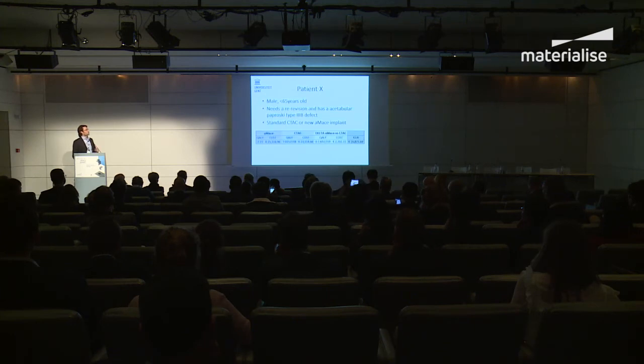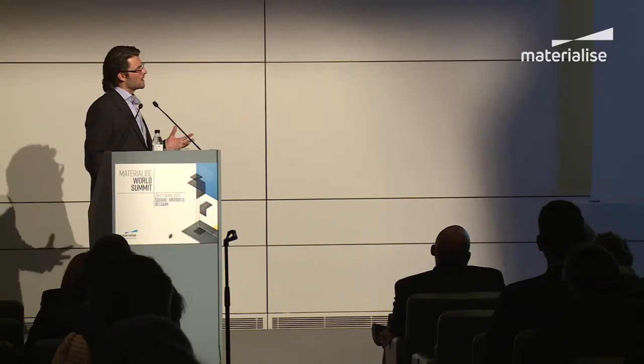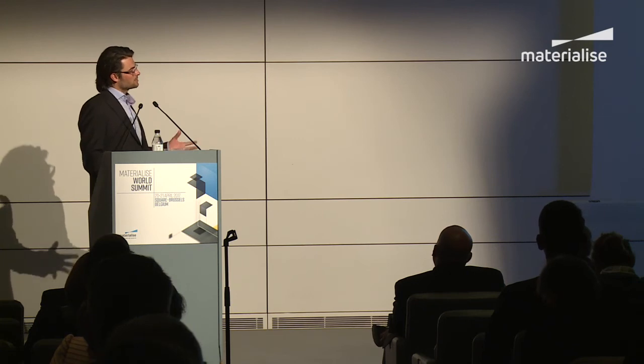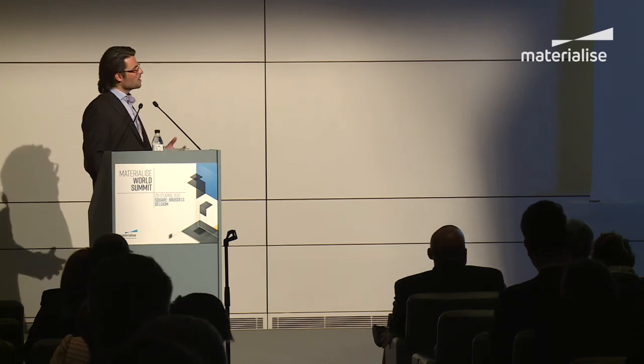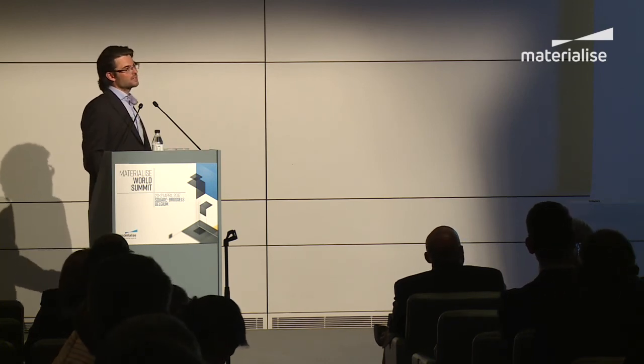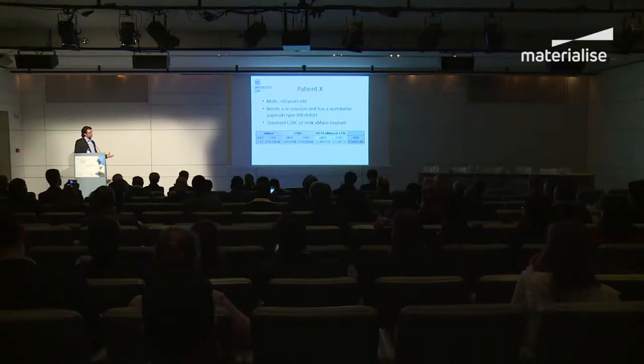So let's take a potential patient. We have been starting with a male patient who is less than 65 years old and needs a revision, and has an acetabular Paprosky type 3B defect. So it's a really big defect and it's not easy to treat. We've been using the data for both modeling with the standard of care and the new implant.